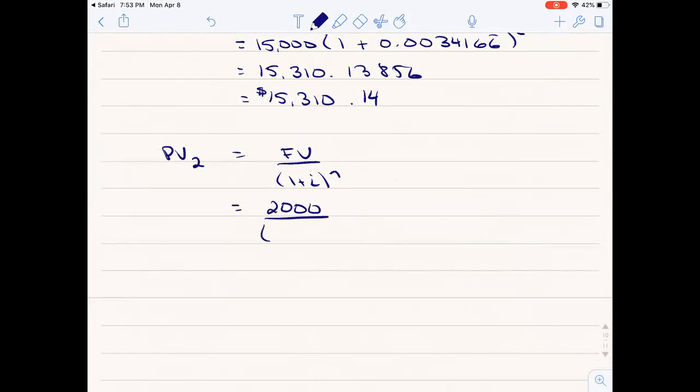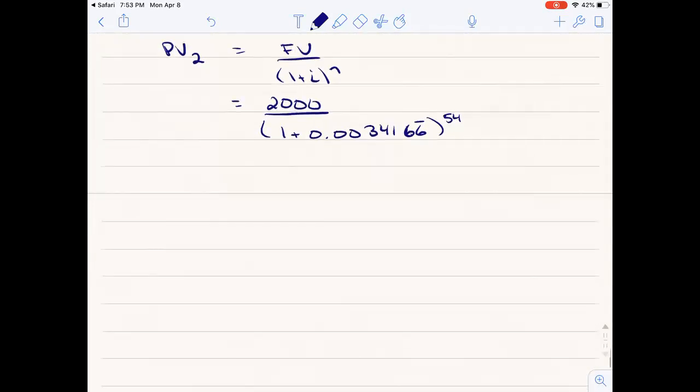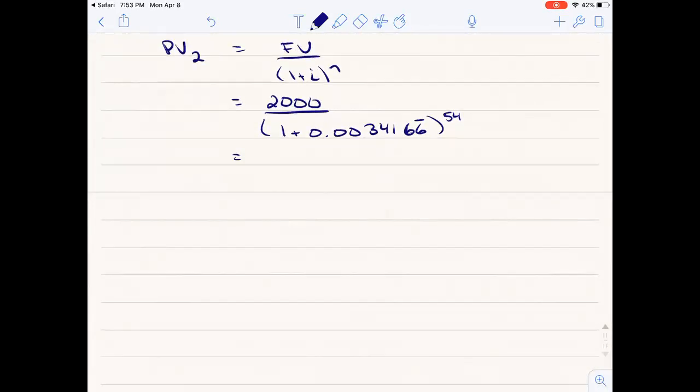So 2,000 divided by 1 plus 0.0034166 repeating, to the power of 54. 1 plus recall 1 to the power of 54. 2,000 divided by that is 1,663.562941. Rounding to 2 decimal places, we get 1,663.56.